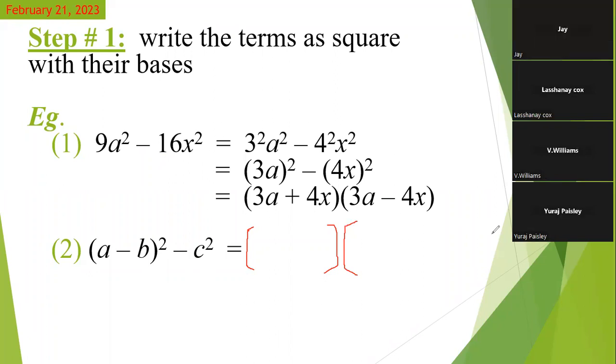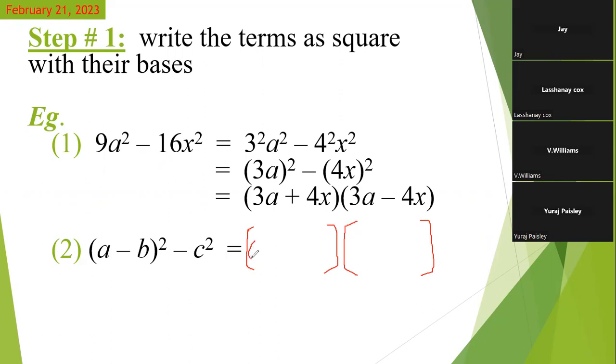Sir, I'm not sure. Please, someone help us out. It can't be that hard. We're doing the same thing as we have been doing. What are we going to do? Put the two square terms in the bracket. What are the two square terms?